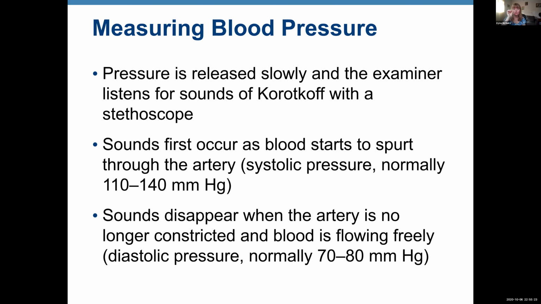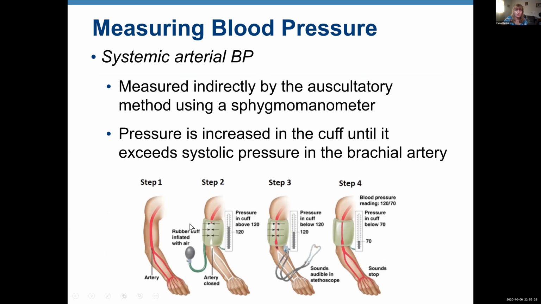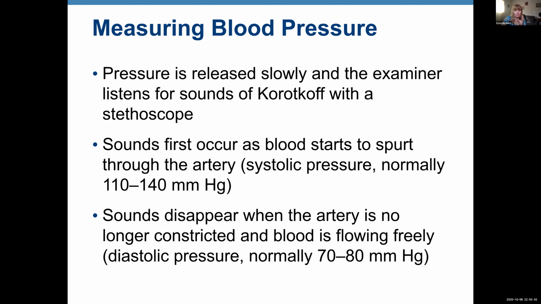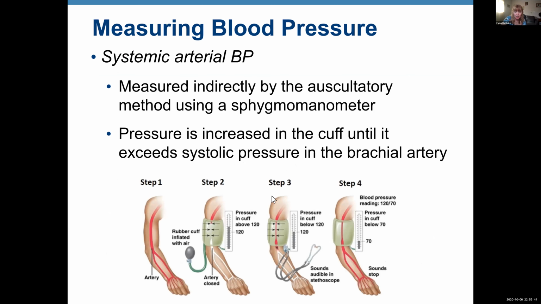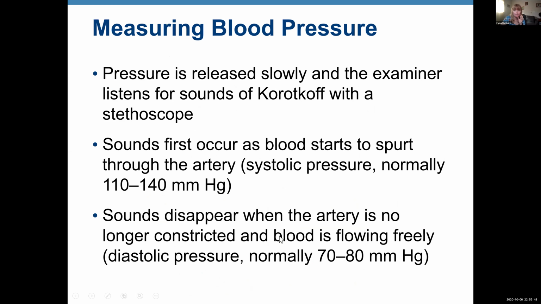And the sound first occurs as blood starts to spurt through the artery, right? So again, back over here, you see how your artery is closed, so you do not hear any sound. But then you release this pressure slowly, and the first portion of blood spurts through the artery.